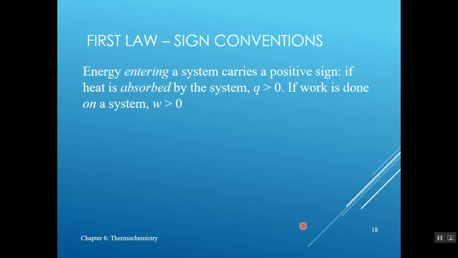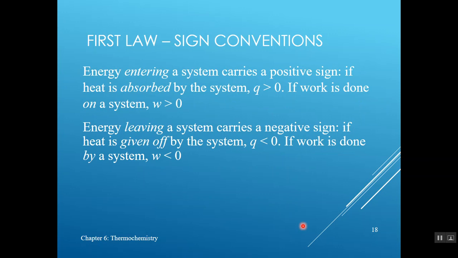Now, it's very important that you understand the meaning of the signs associated with Q and W. All right? Now, as you can see here, whenever you have a situation where energy is entering a system, in other words, if delta U is positive, that will happen under two circumstances. One, if Q is positive, in other words, if heat is absorbed by the system. The other is if work is done on the system, in which case W is positive. All right? So those are two ways that energy can enter into the system.